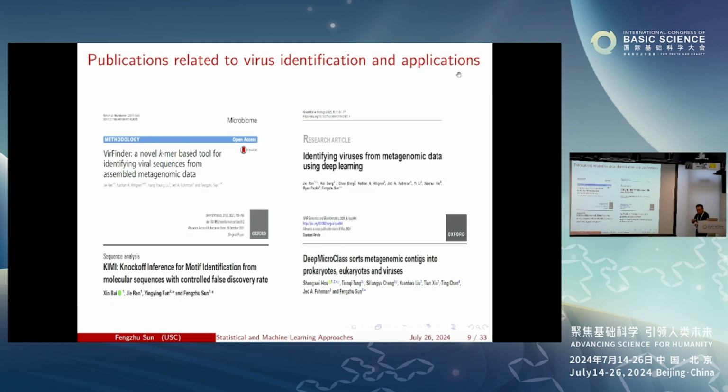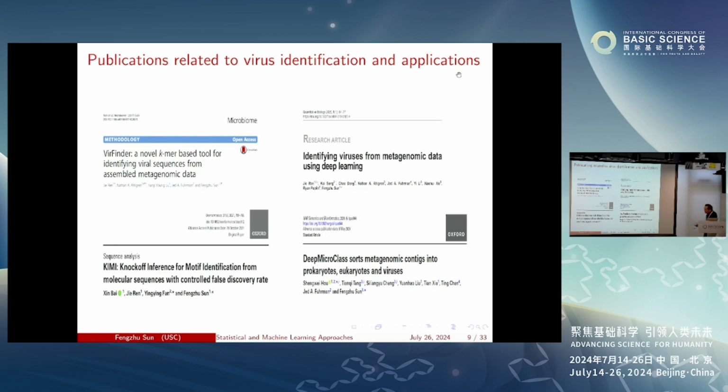Phage databases are quite inadequate and incomplete, so we need to develop them, and many groups used this tool and another tool called VirFinder to build databases. Those are the two major tools for the identification of viruses and to build phage databases.